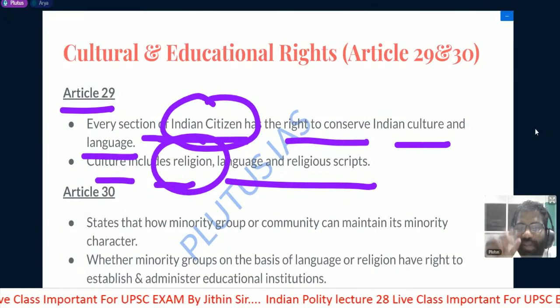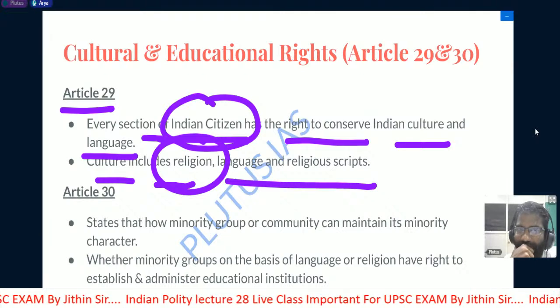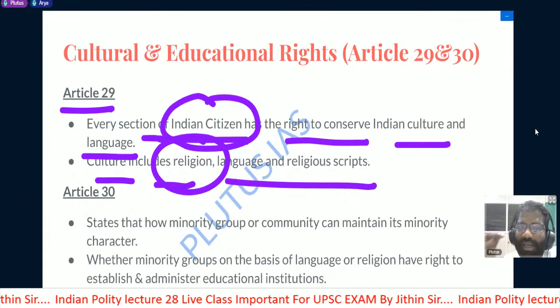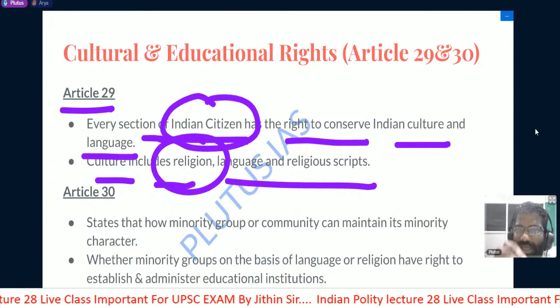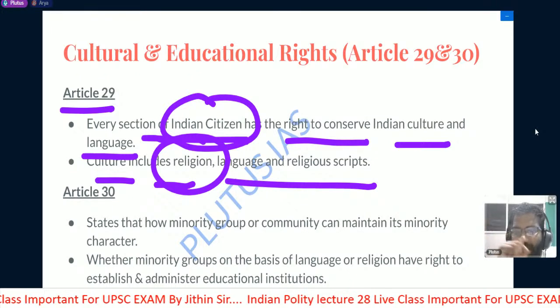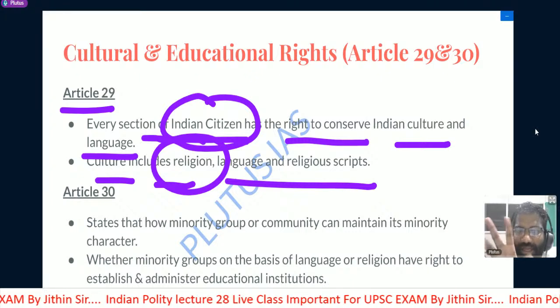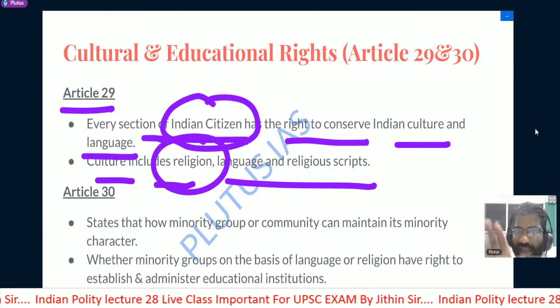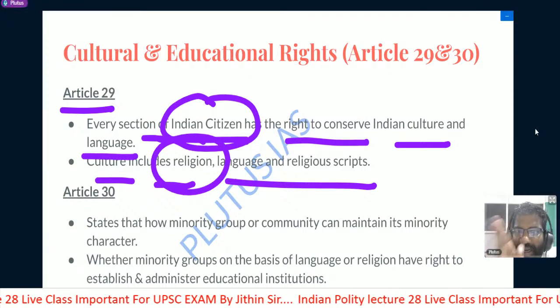No. Wait, Arya, what is your mother tongue? Malayalam. If government is asking every school in Kerala to teach Hindi, is government stopping you from learning Malayalam?